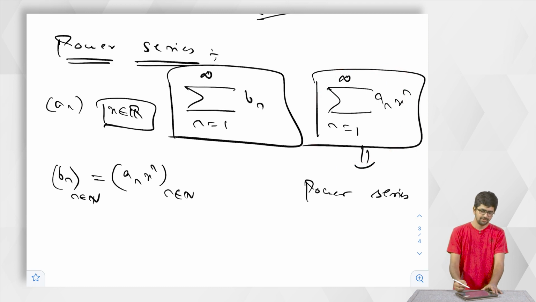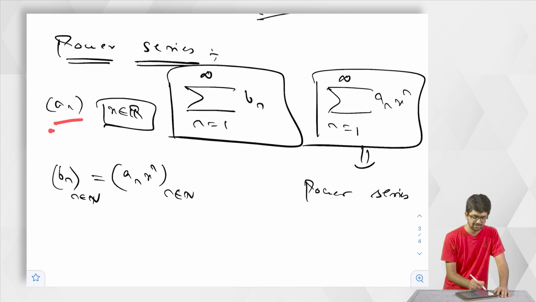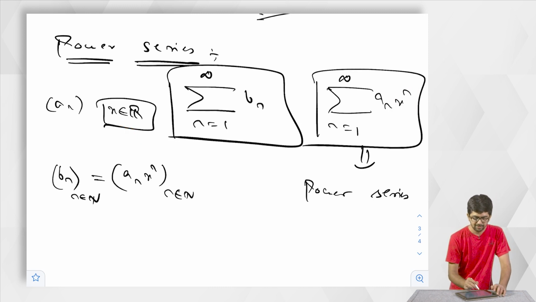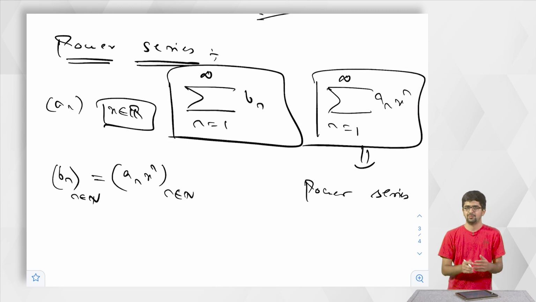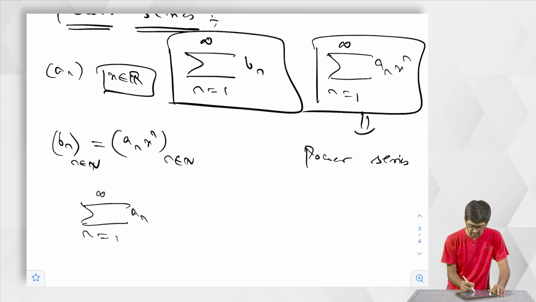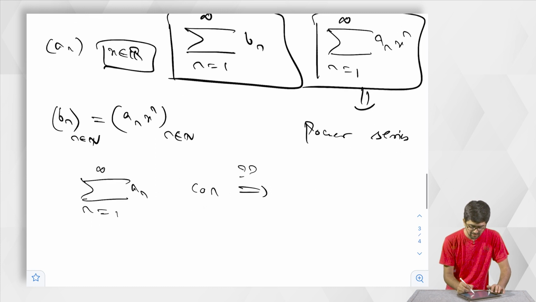Observe that this has two parts: one is some arbitrary sequence, and the other part is coming from a single number. That is the speciality of this power series. So before we proceed further, one simple question to ask is, suppose I know that summation a_n is convergent, do I know that the corresponding power series a_n x power n is convergent?